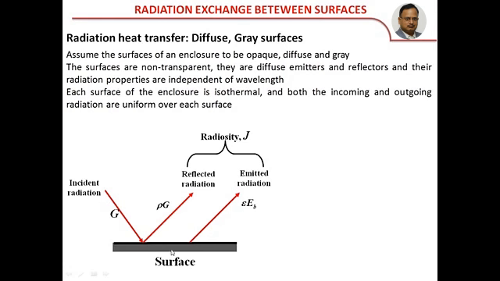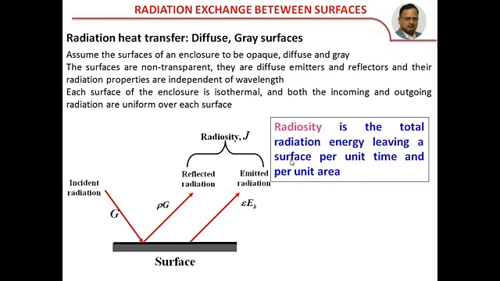By virtue of its temperature, this surface also continuously emits energy, and that amount of energy emitted by it is epsilon times that of the amount of energy emitted if it is a black body. Because it is not a black body, the energy emitted is epsilon into EB. Now, the total amount of energy leaving this surface is rho G, that is the reflected part, and epsilon into EB, that is the emitted part.